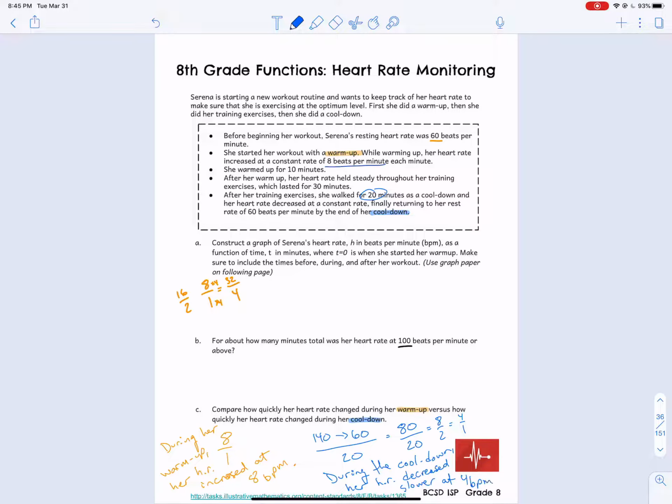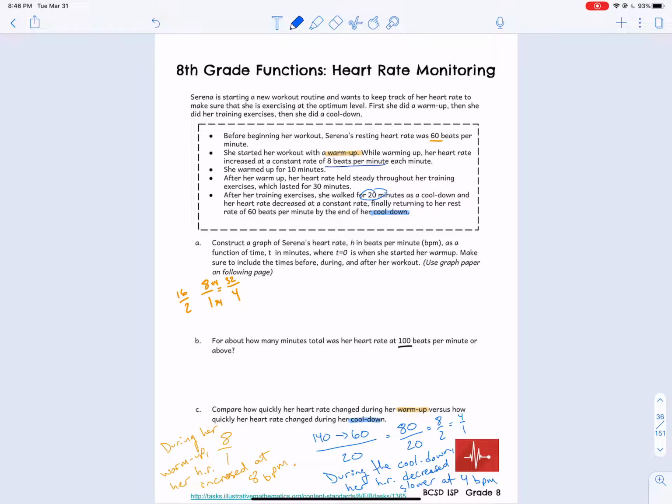Think about speed, like miles per hour. So 4 beats per minute, 4 miles per hour is slower than 8 miles per hour, right? So that's a slower rate. Let's just clean that up a little. 4 beats per minute. Okay.